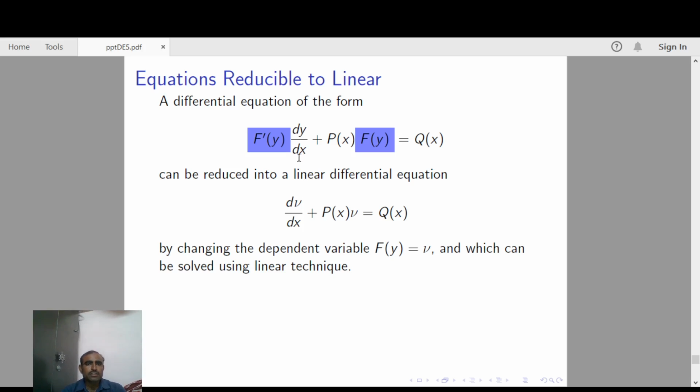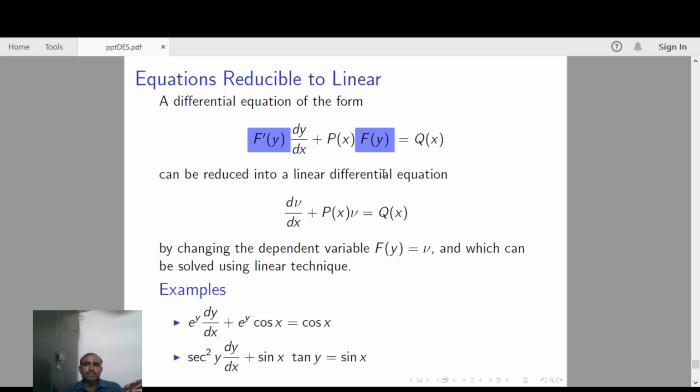The given equation is in the form of f'(y) dy/dx + p(x) f(y) = q(x). Then by putting f(y) = v, you can reduce this equation into linear form. You will get a linear equation.